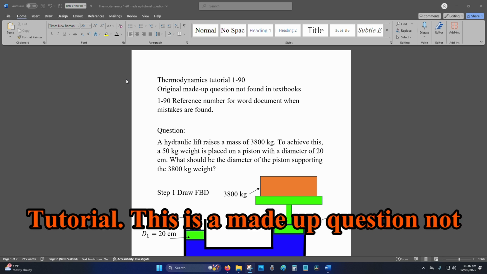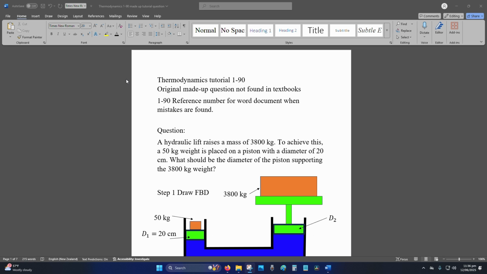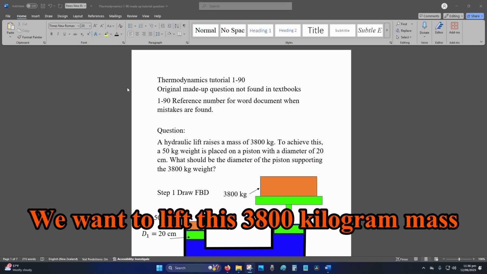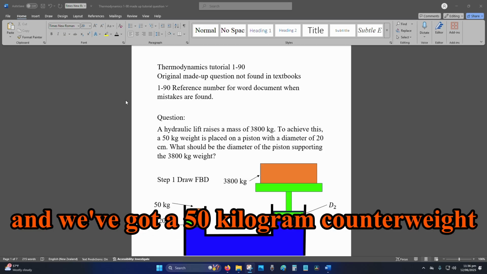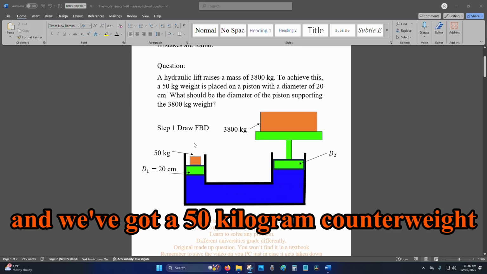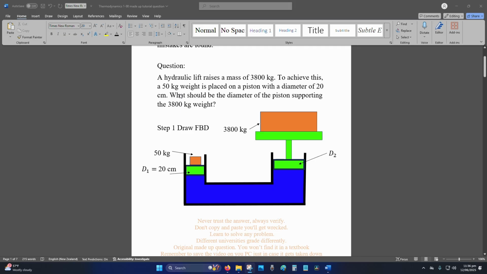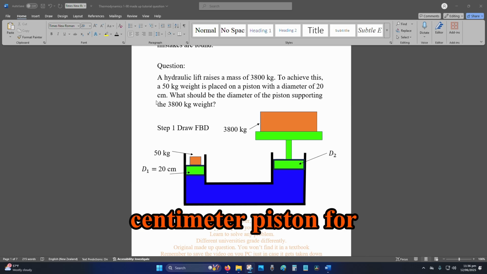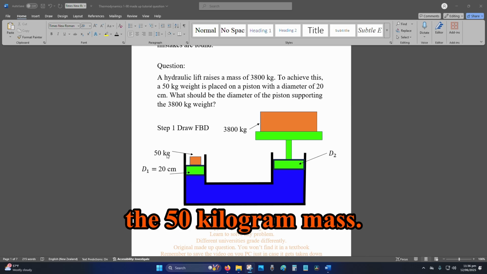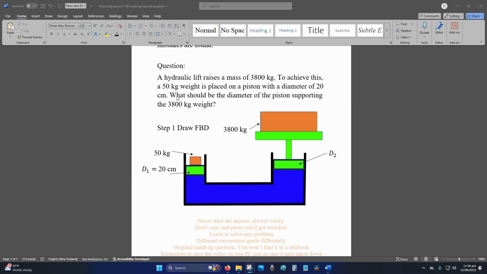This is a made-up question not found in your textbooks. We want to lift this 3,800 kilogram mass, and we've got a 50 kilogram counterweight placed on one piston. We have a 20 centimeter piston for the 50 kilogram mass.